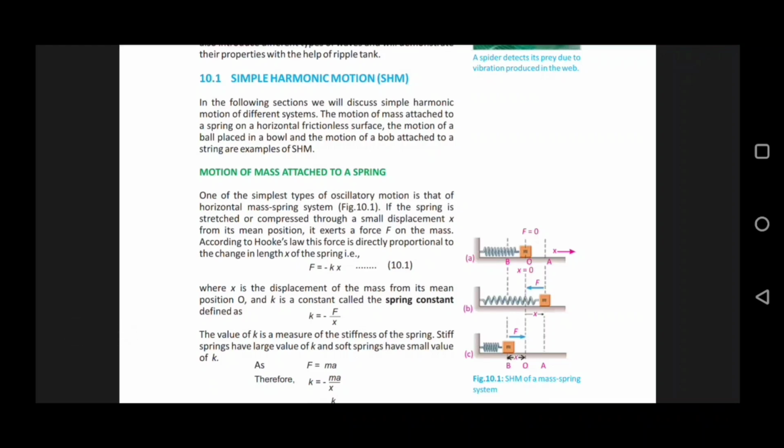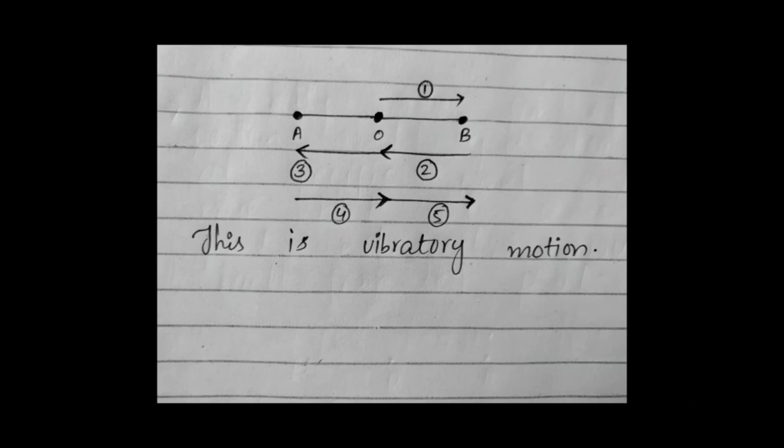This is simple harmonic motion, which the mass attached to a spring obeys. It moves from O to B, and then from B to O, then O to A, and then A to O, and then O to B.